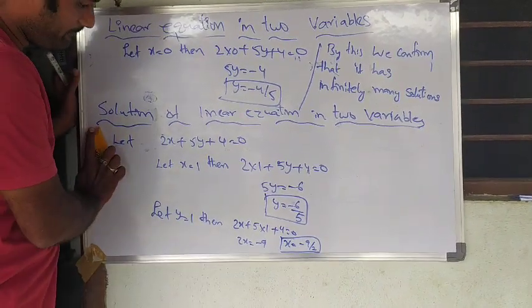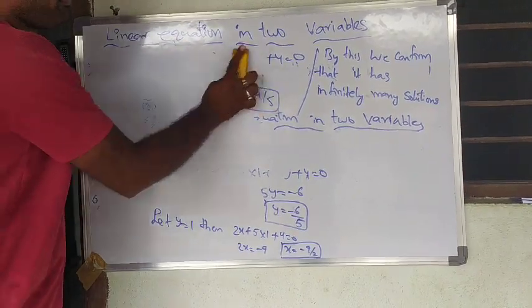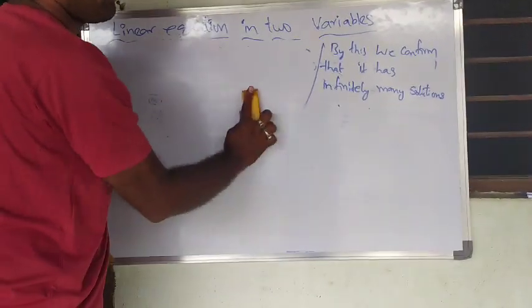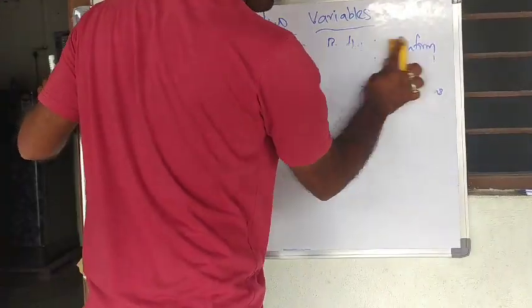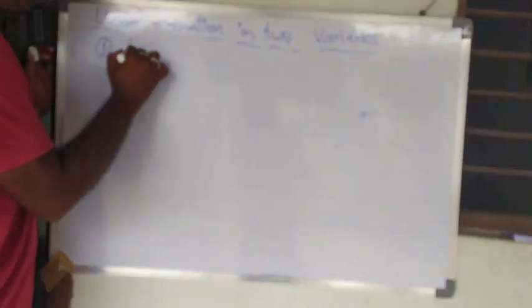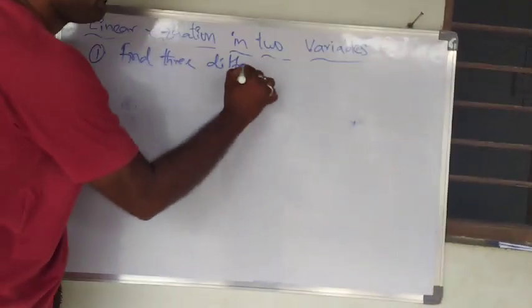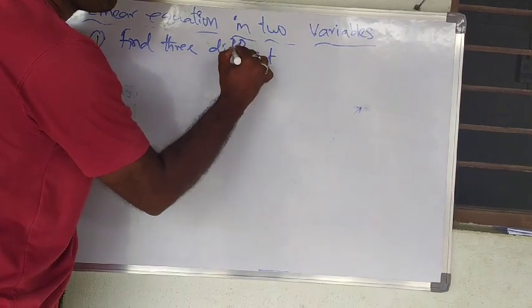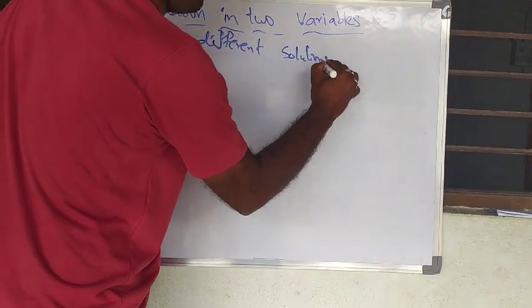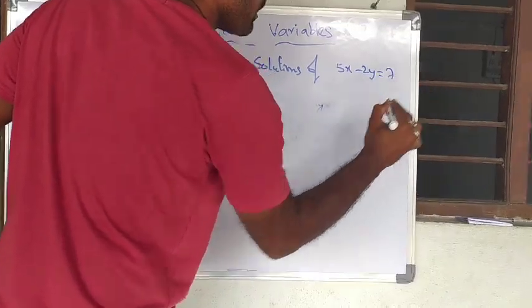Let us take another example. The question is: find three different solutions of 5x minus 2y is equal to 7.